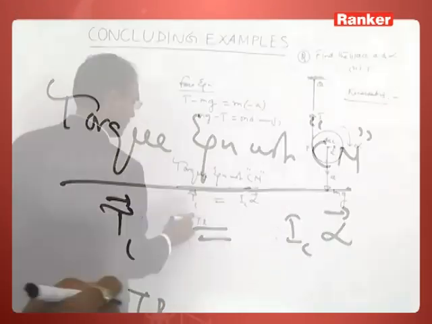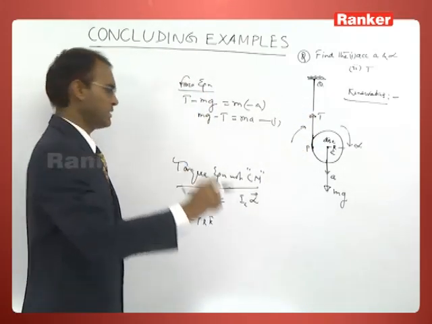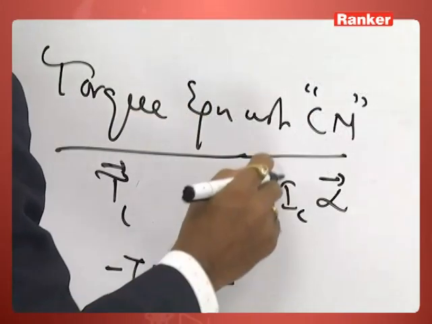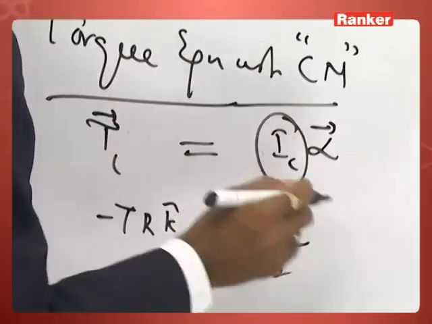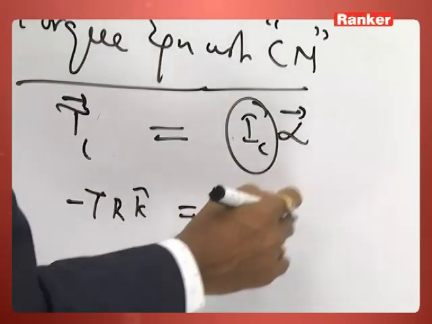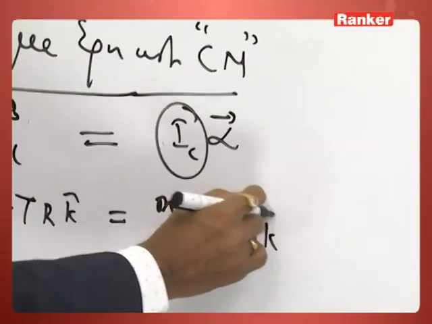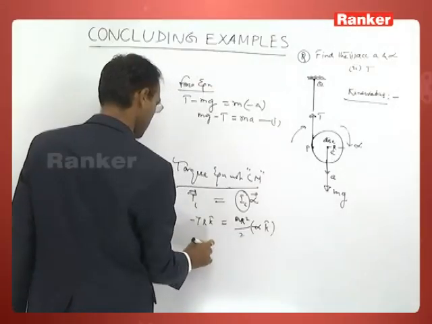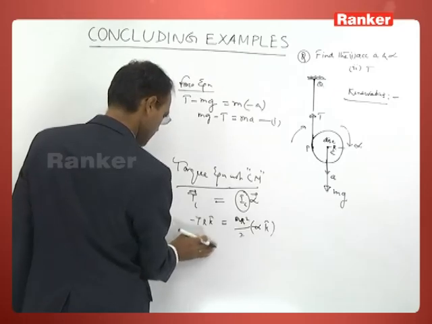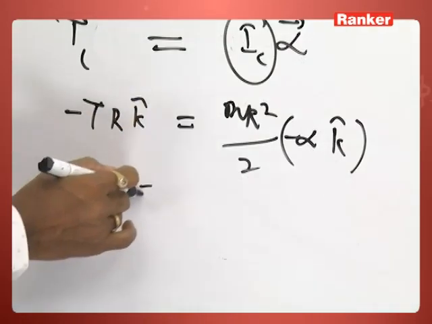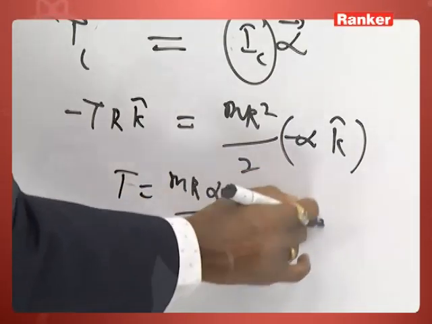T into R in clockwise sense, and that's equal to Ic, the moment of inertia of the disk about z axis, mr square by 2 into alpha. Alpha I have taken in clockwise manner, so it is minus alpha k cap. In this way you can get T is equal to m r alpha by 2, equation number 2.